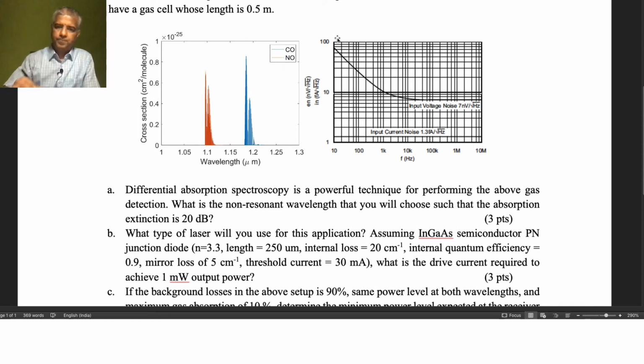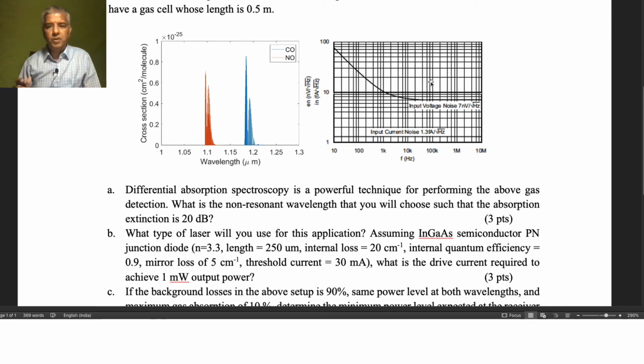If you are able to go to a larger frequency, especially beyond 10 kilohertz, then you can possibly reduce this, because you need only 10 hertz bandwidth. So if you shift your detection to higher frequencies, you could possibly incur much lesser noise.